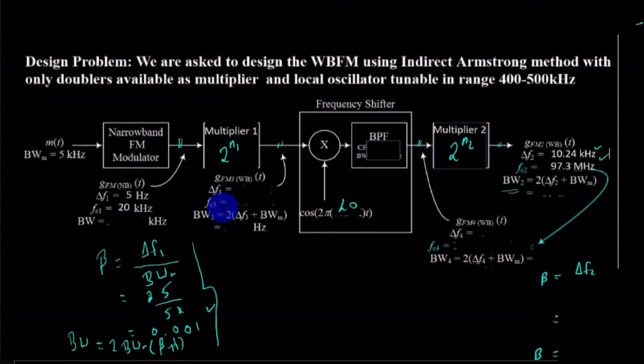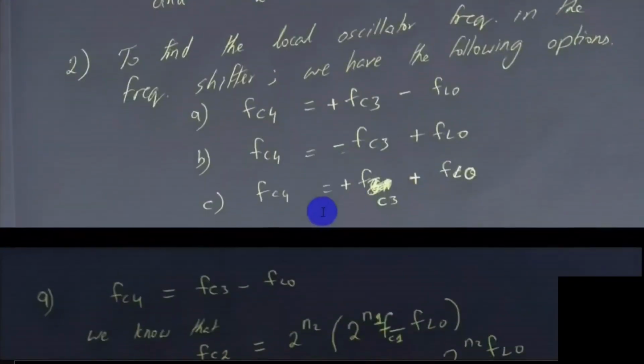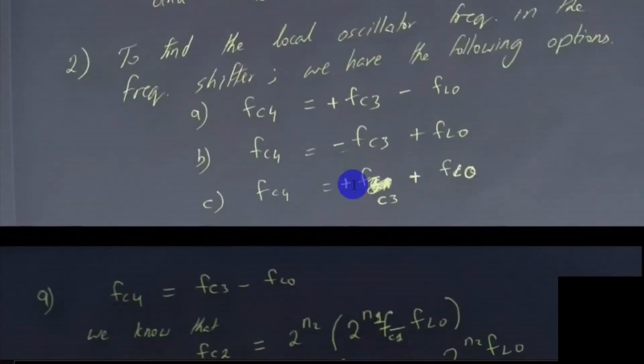And the third option is FC3 plus FLO, right? So FC3 minus FLO, FLO minus FC3, and FC3 plus FLO. These are the three options that we can consider in designing the local oscillator. These are mentioned over here, and we would look into each of these next.